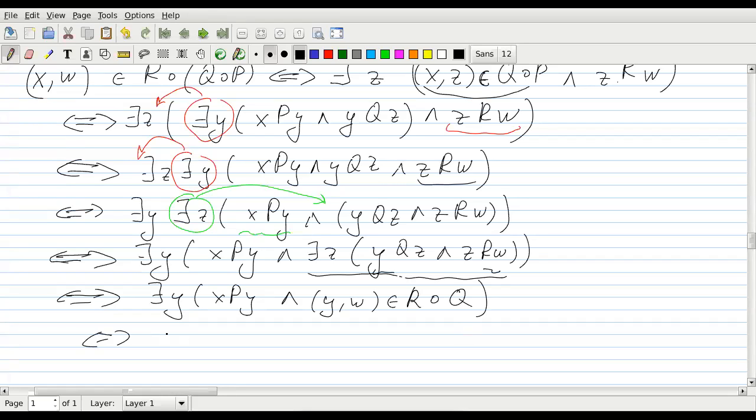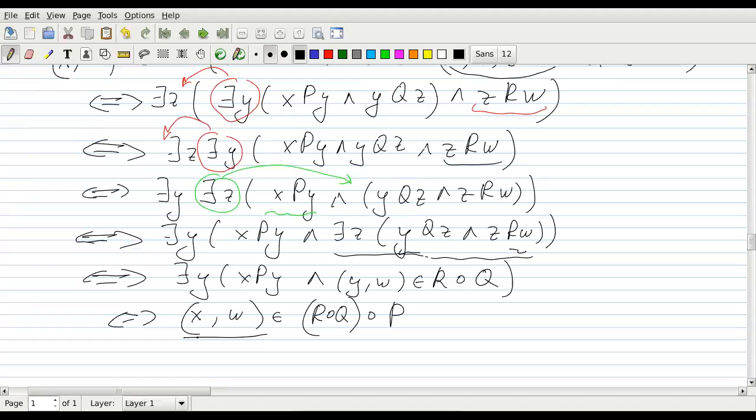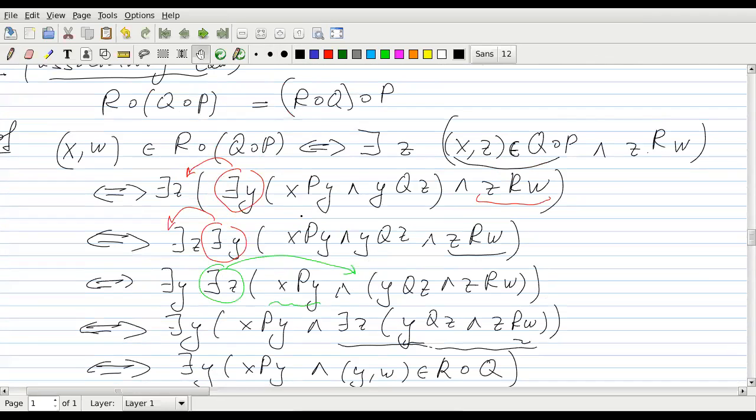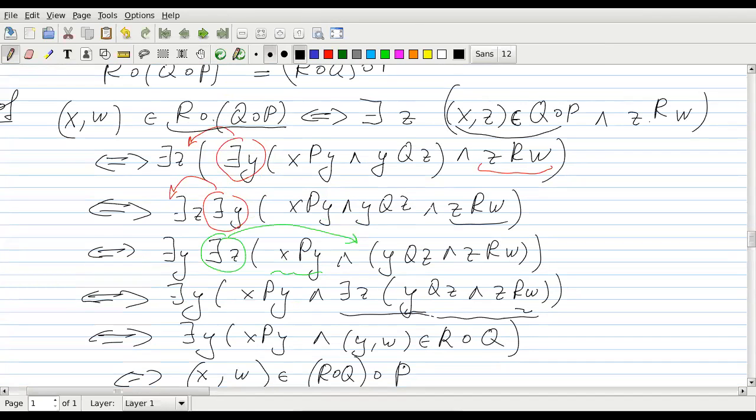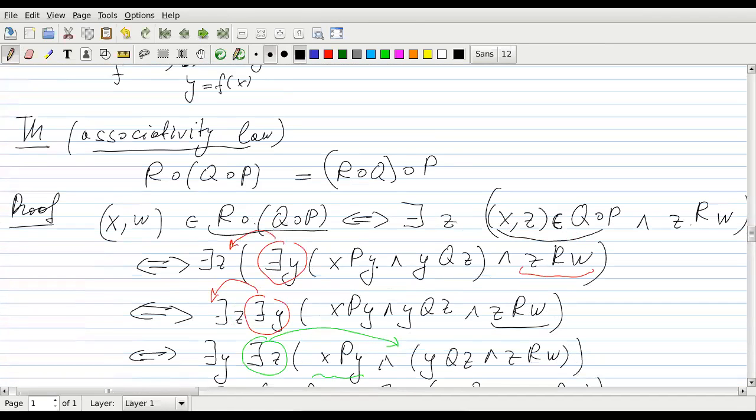So that means that from X to W, I may travel first by P and then by this composition. So I see that my pair belongs to this set if and only if it belongs to this one. Hence, this composition equals this one, as they have the same elements. Is it clear? Yes. Okay, dear students.